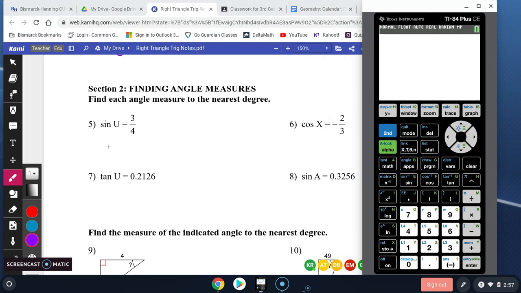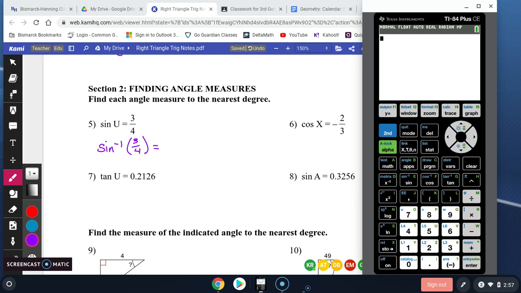Here, sine of u is 3/4. If I want to find what the angle measure is, I'm going to use what's called the inverse sine button. So it is sine to the negative first power, and then of 3/4.